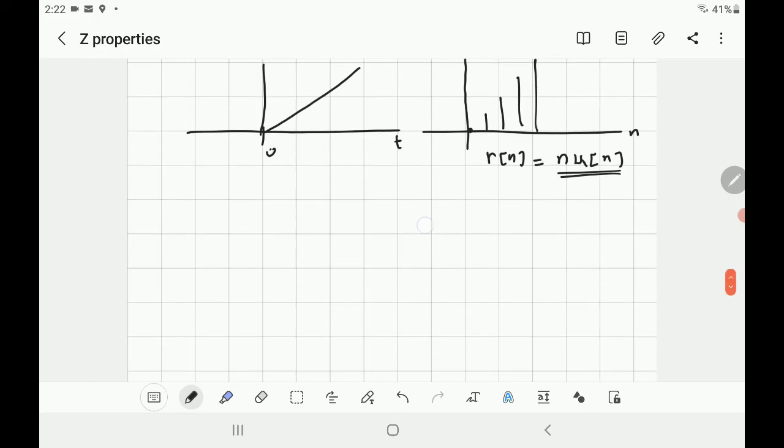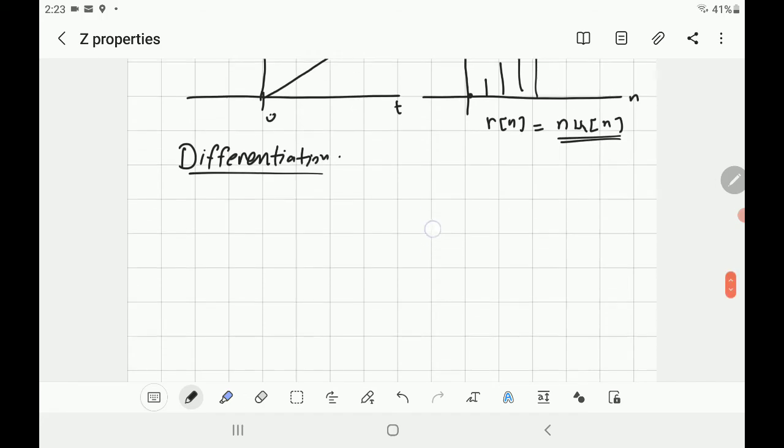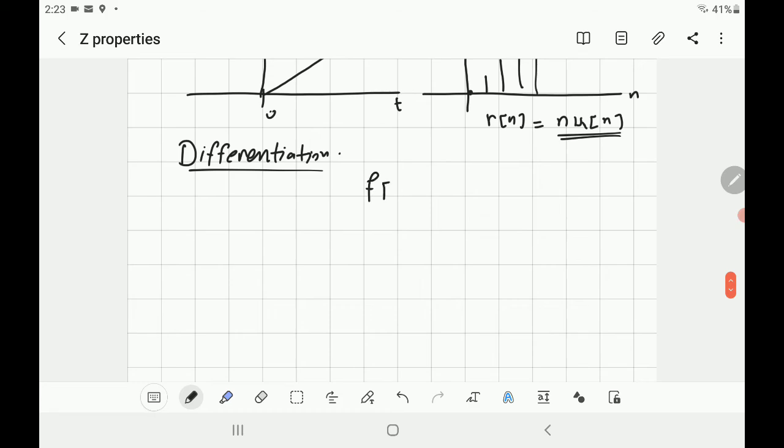So we need a property that tells us what happens when you multiply a sequence by n. Yes, there is an important property of the z-transform called the differentiation property. It says that if you have a sequence f of n, the corresponding z-transform is equal to F of z.